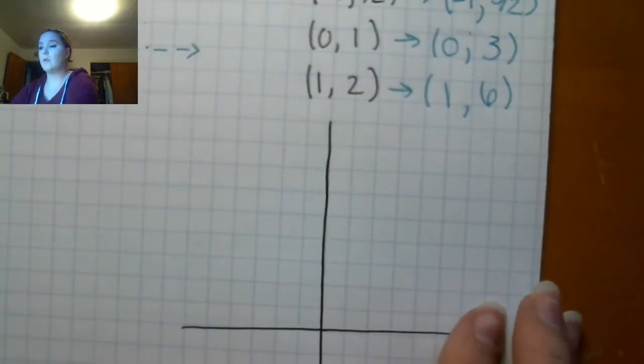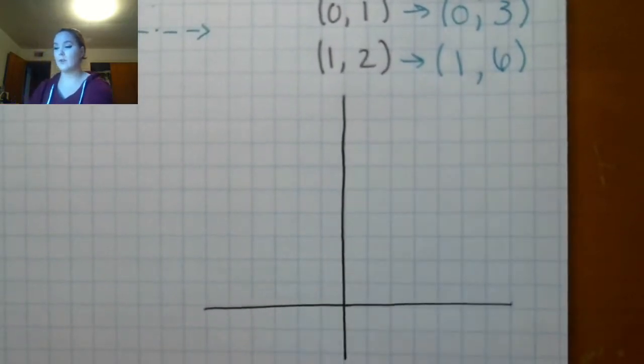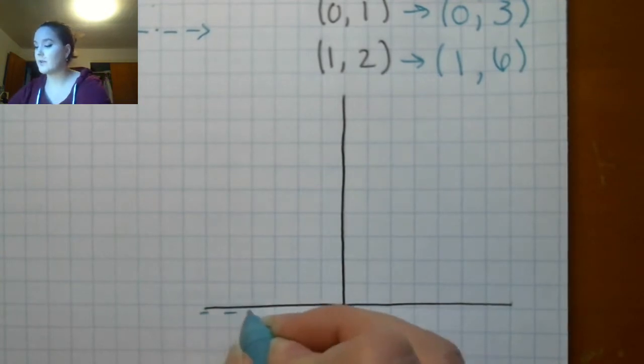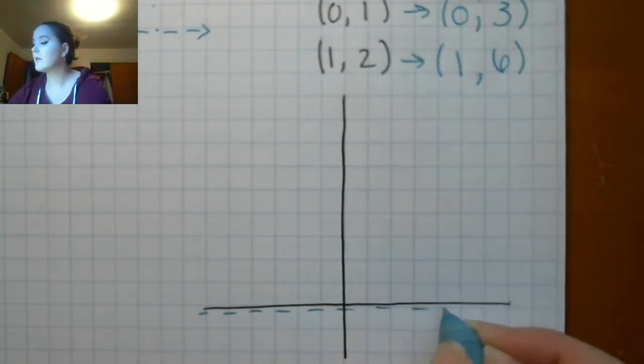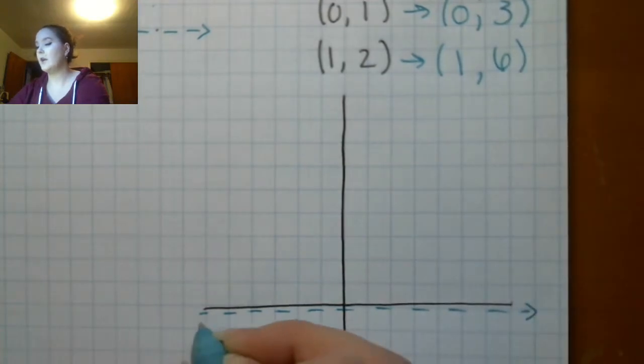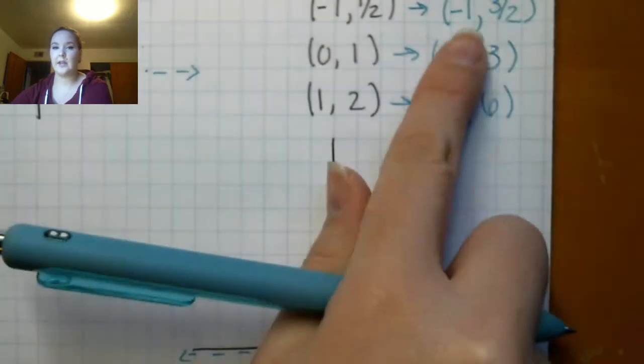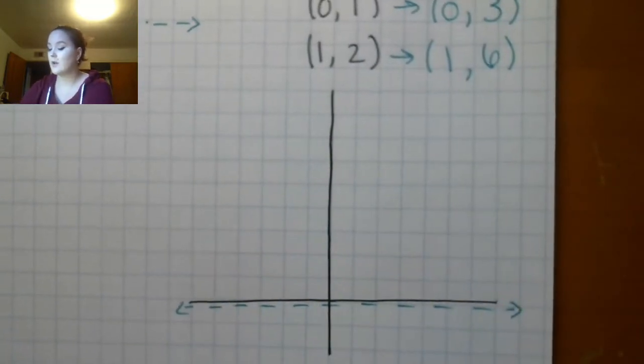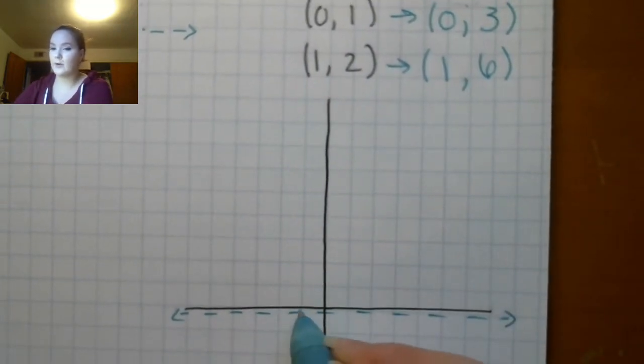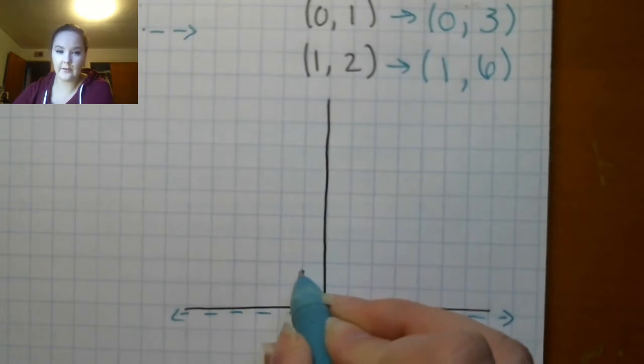Okay, so the horizontal asymptote is at 0. 0 times 3 is still 0. So that's still going to be here. Okay, and then we're going to draw in all of our new key points. So we had -1, 3/2, which is 1.5. So we'll go to -1, 1.5.